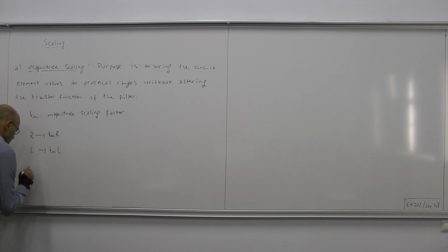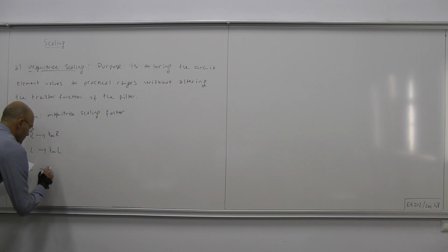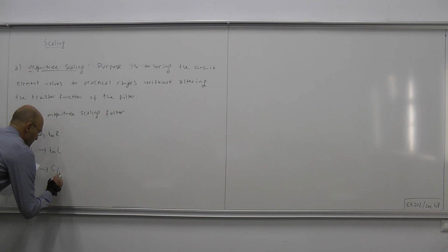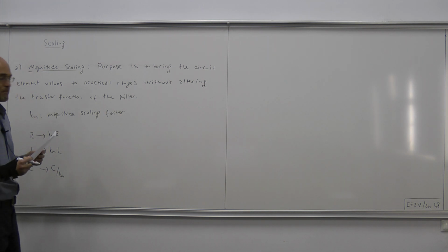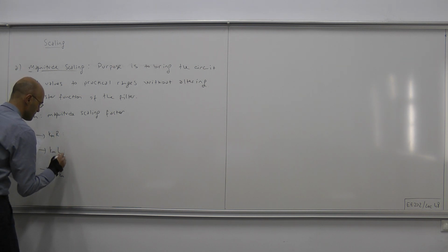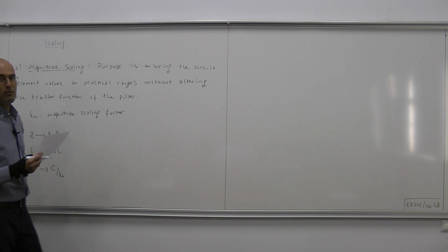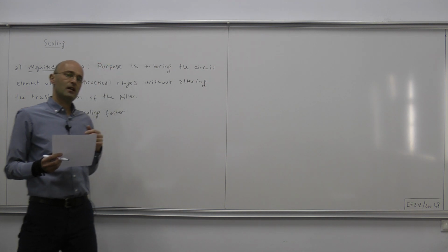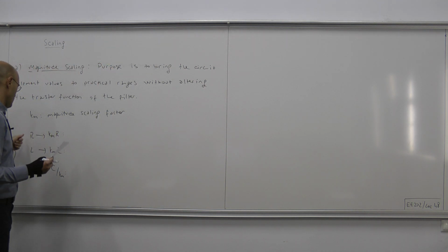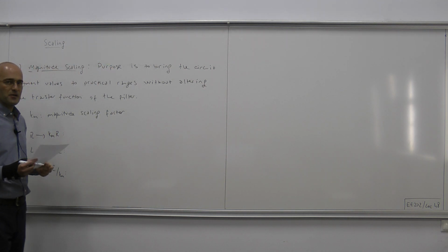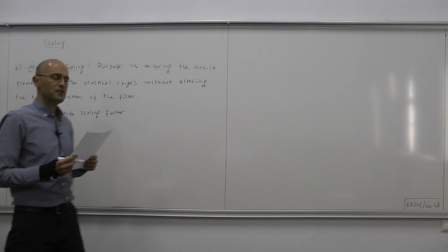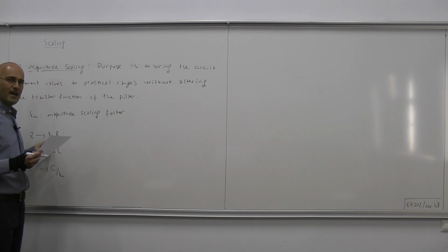And as for the capacitance, we have C over Km. Note that after these transformations, all the impedance values of our resistors, inductors, and capacitors change by a factor of Km.